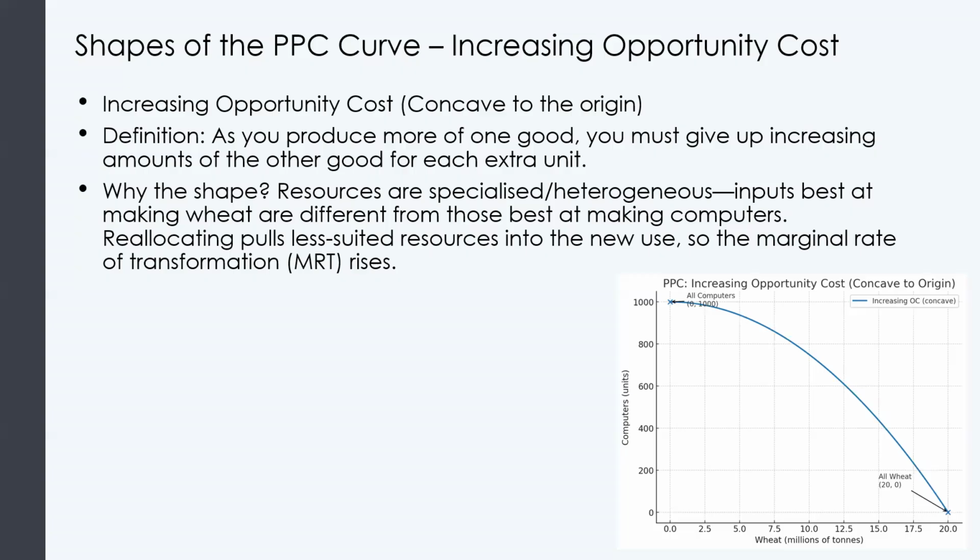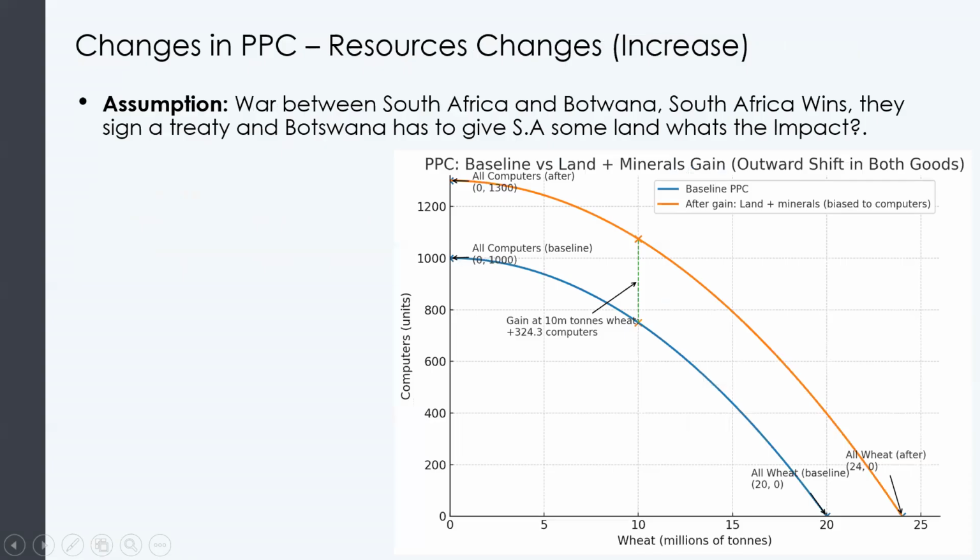So that is where we have increasing opportunity cost, because resources are not the same, because resources are not equally usable. They cannot be equally transformed when you are producing something. So that is the reason why we have the concave shape, which is increasing opportunity cost.